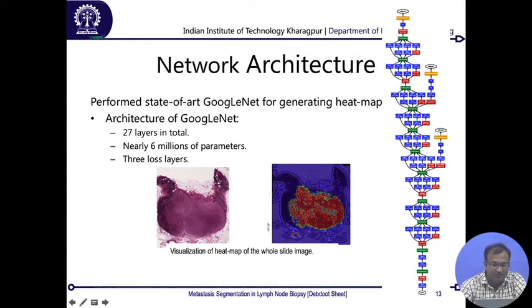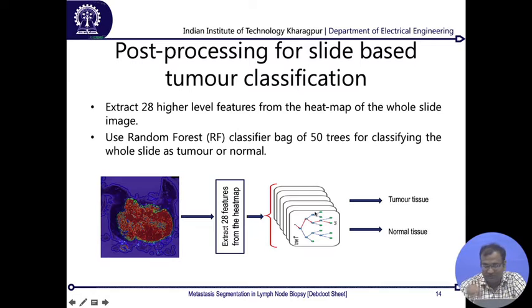Now with this initial evaluation, the heat map showing where the metastatic regions can be located, they extend this. They use this initialization from the CNN GoogLeNet, and then start extracting multiple features from the patches, and using those features they again train a random forest with 50 trees, and this predicts whether a particular slide has metastasis or is perfectly normal.